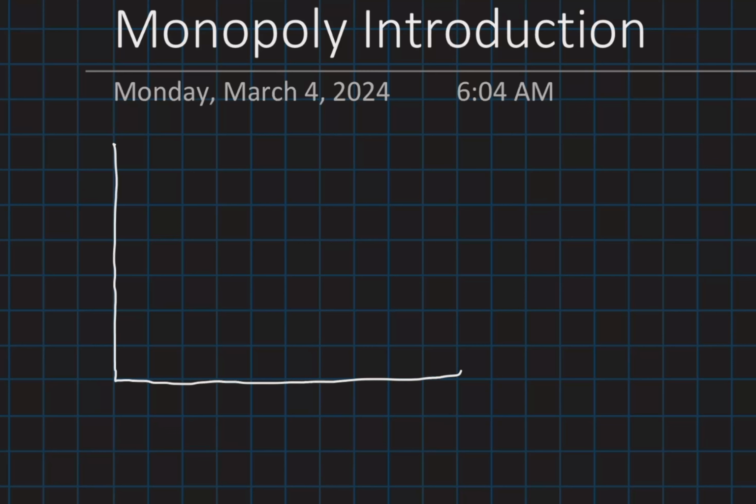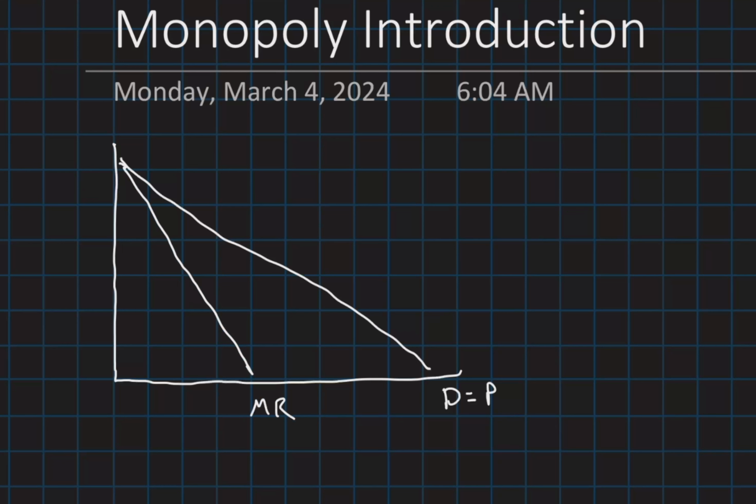In monopoly, you have a demand curve, which is kind of like your price, and then you also have a separate marginal revenue curve. And the marginal revenue curve is 1/2 of the demand curve. Okay? And then we also have a marginal cost curve. And that is what a monopoly looks like.